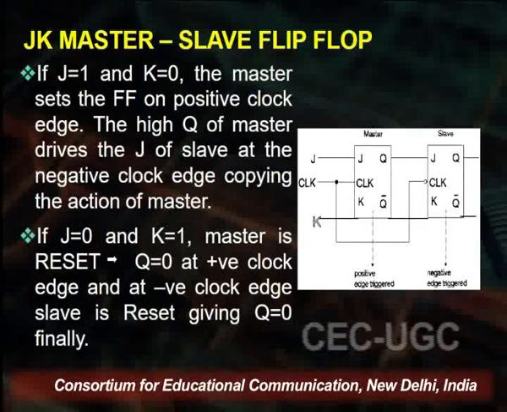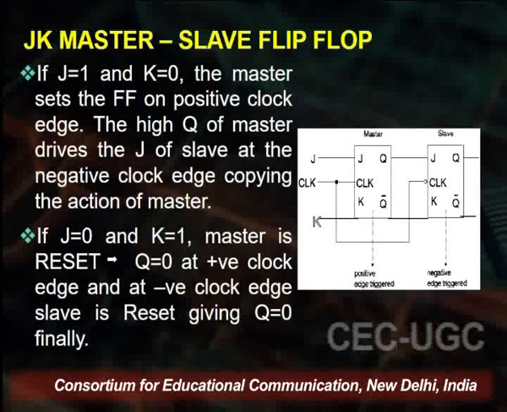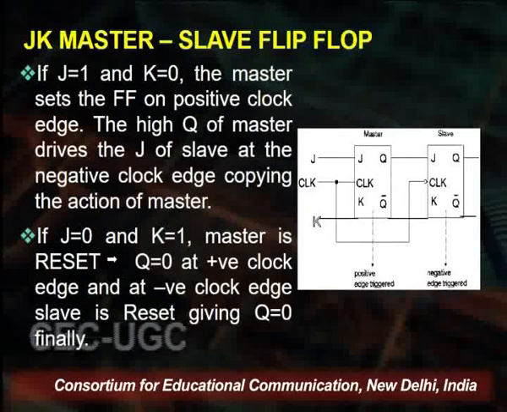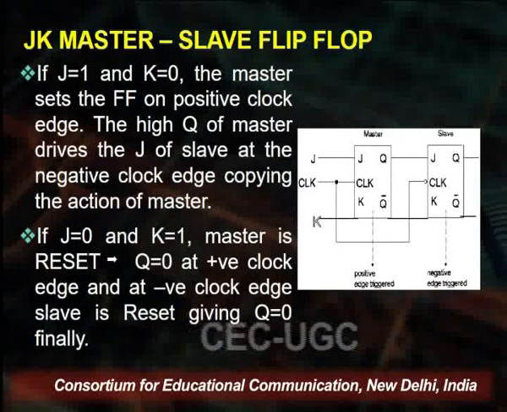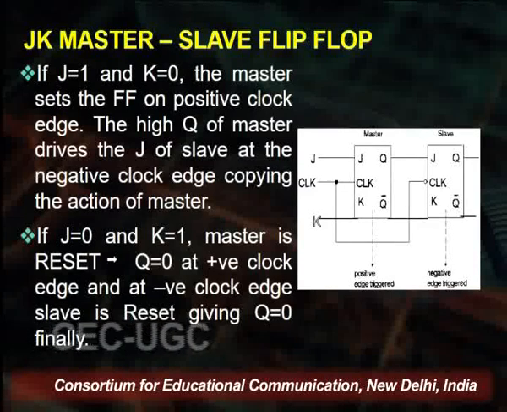When the next clock pulse comes, that is, from the positive clock pulse it goes negative, then the input of the slave, which was the output of the master, is propagated to the output of the slave. But at this point of time, it is very important to note that the input of the slave does not change, because the master JK flip-flop is disabled.